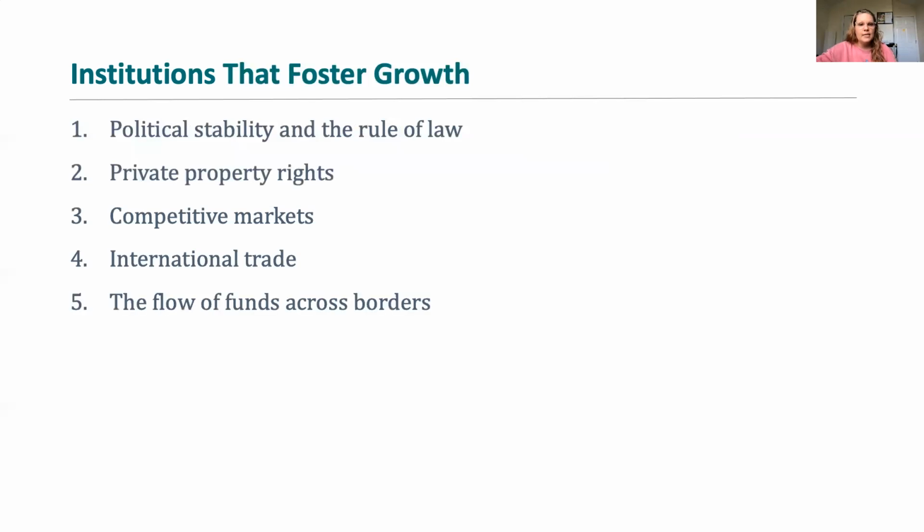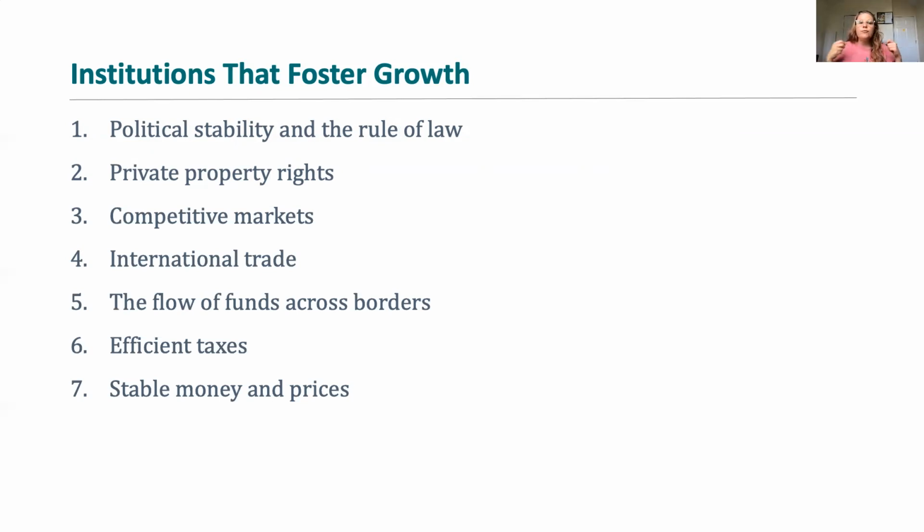So, we made this list in the last lecture, but I'm just going to reiterate it here because this is now part of the growth model itself. We want political stability driven by rule of law. We want to protect private property rights, monitoring and enforcing them. We want to allow for competitive markets and limit the amount of market power that any one firm has to set prices.